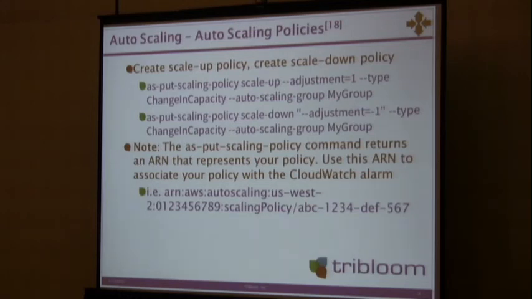You can also do a percentage adjustment. Note on the scale down policy, we're using a negative number, -1 server, so we're going to take away 1 server rather than adding 1 server when we hit this auto-scaling policy. And then, of course, we specify the auto-scaling group that that policy belongs to.